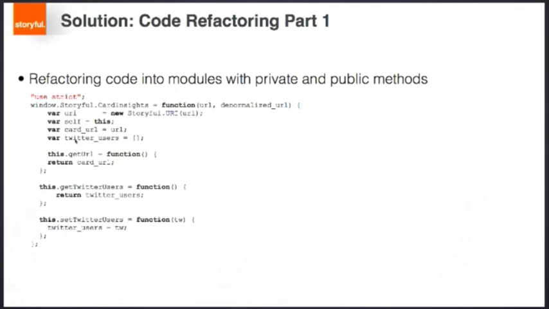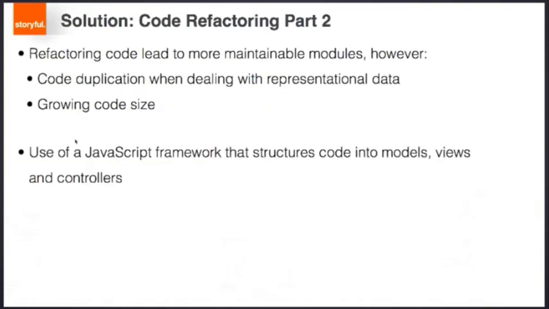So the first thing we did on our project was we refactored the code into modules with private and public methods, and tried to use the closure pattern where possible. But the problem is that gets you only that far, and that's where we are now actually. For example, with my project, it leads to more maintainable modules, but you still have code duplication, especially when dealing with representational data, and you still have a growing code size. You don't get rid of all this spaghetti code.